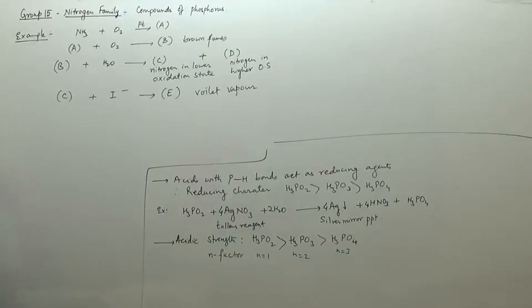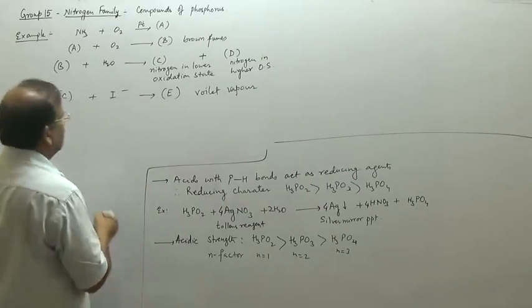Then we used to write that these violet vapors are liberated. So C and D are the oxyacids of nitrogen. Obviously it is given to us, that is a hint.